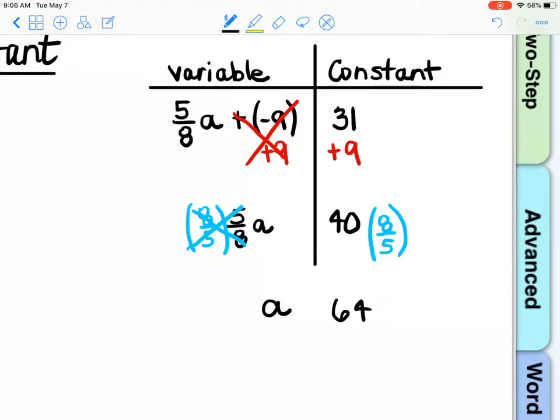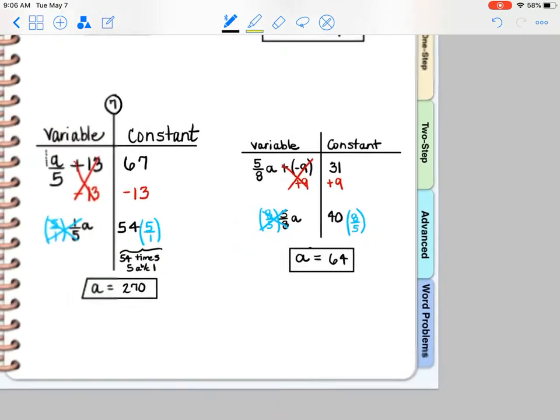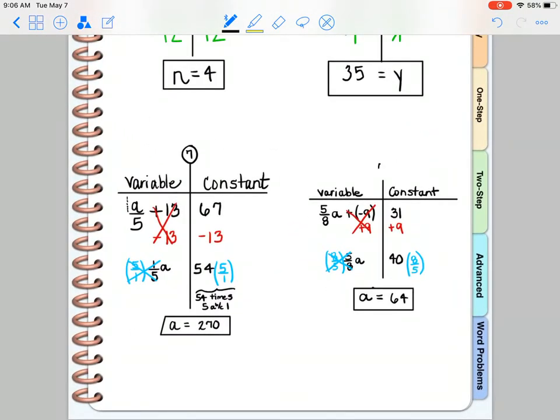So the solution to this fraction two-step, a is 64. Okay, and that was number 8.